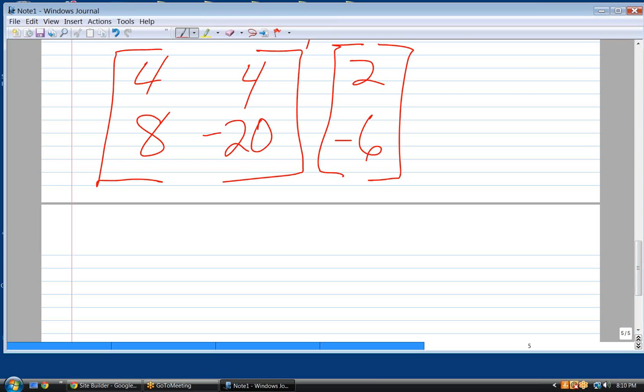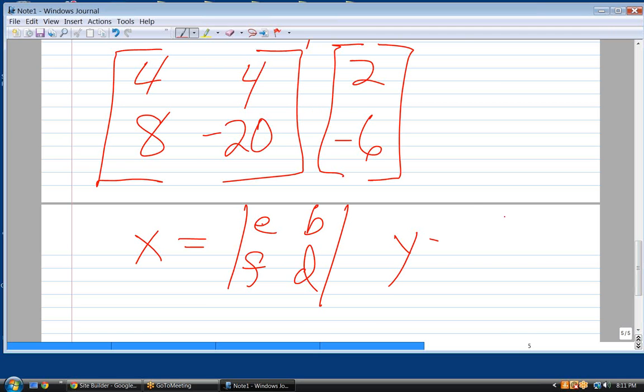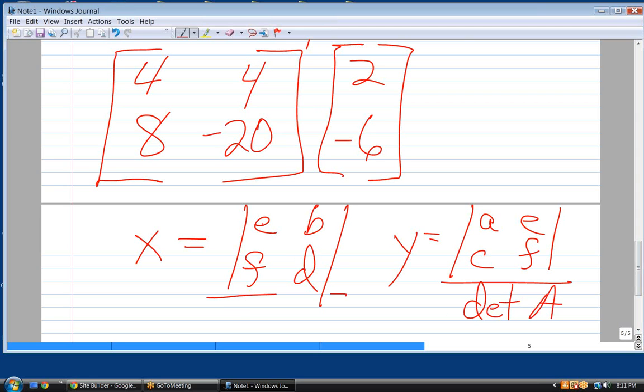If we're going to use Cramer's rule here, then x is going to equal the matrix E, B, F, D, and y is going to equal the matrix A, E, C, F, divided by the determinant of this matrix, and this is divided by the determinant of this matrix.